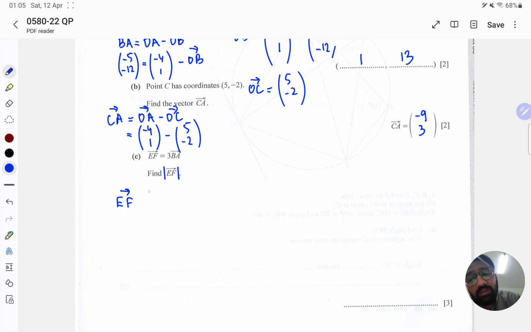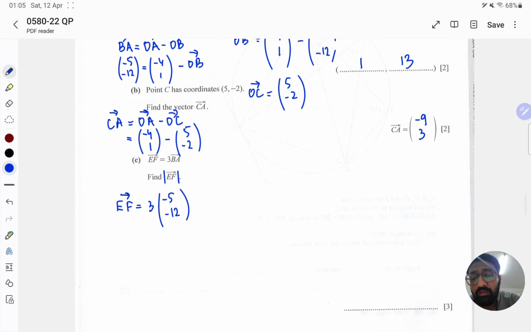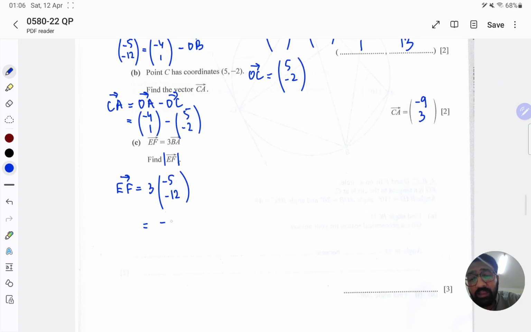So EF, he says, is 3 times BA, and BA we already are aware of, which is -5 and -12. So we just need to do the scalar multiplication, which will give us -15 and -36. This is the vector EF.